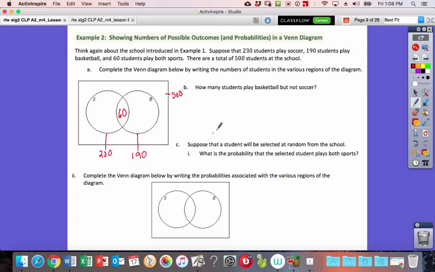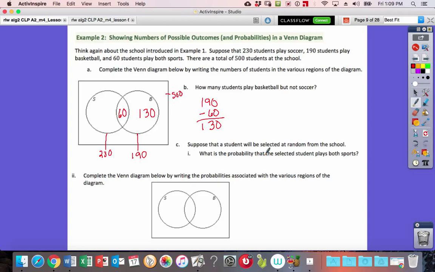Okay. Now, if I want to know how many students play basketball, but not soccer, well, I know the total is 190, but they do not play soccer. I would have 130. And now I can fill in this circle right there. Suppose a student will be selected at random from the school.